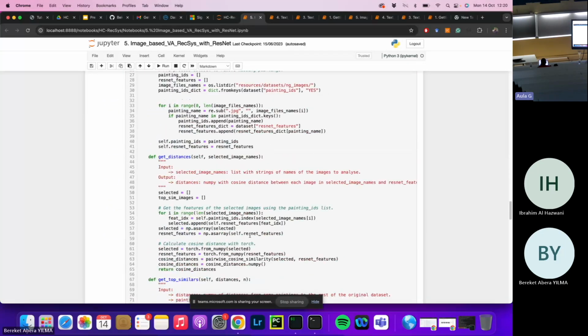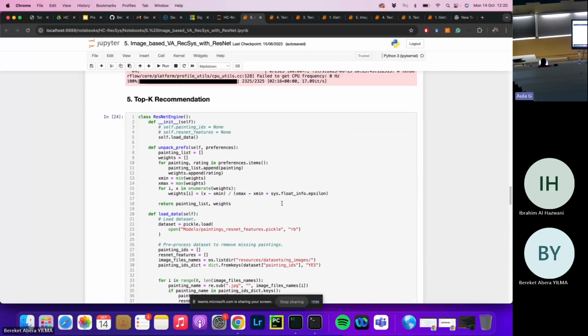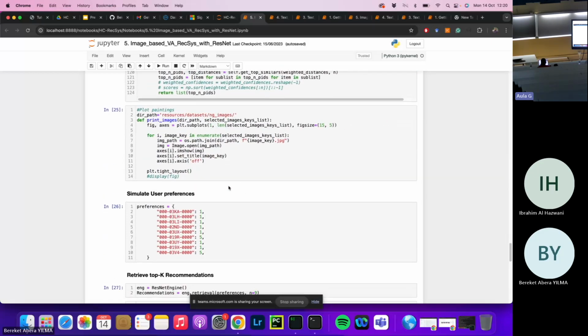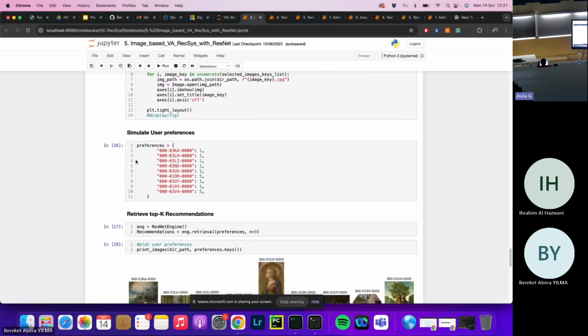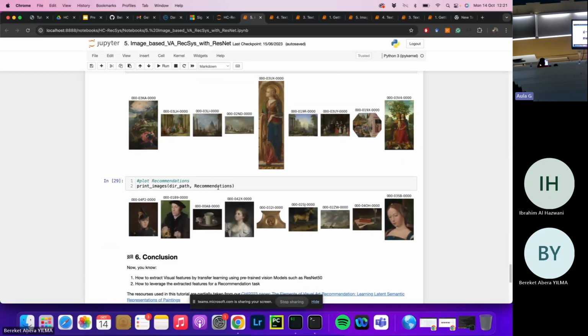And then you have a module here, LD ResNet engine, which does the retrieval for you, given this preference information. So you can try to play with different recommendations and see how the model behaves.